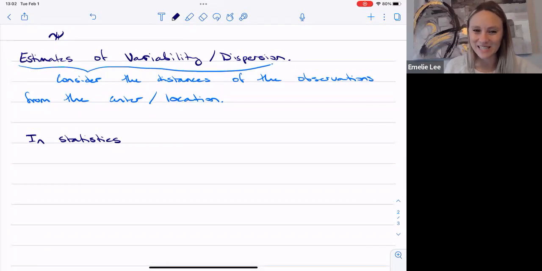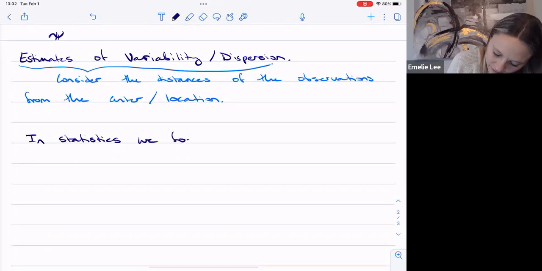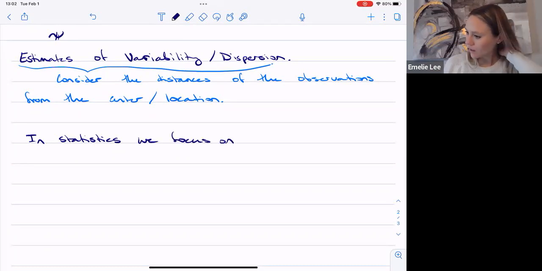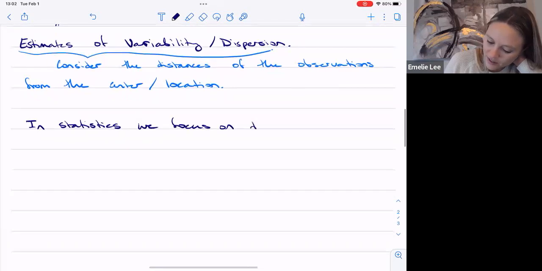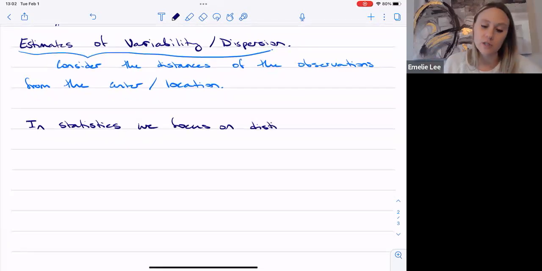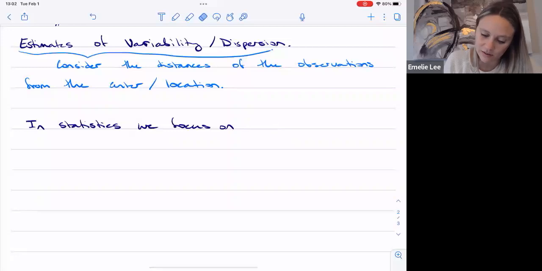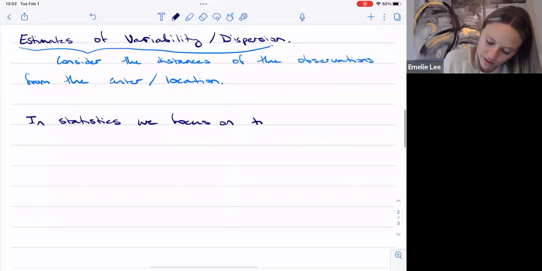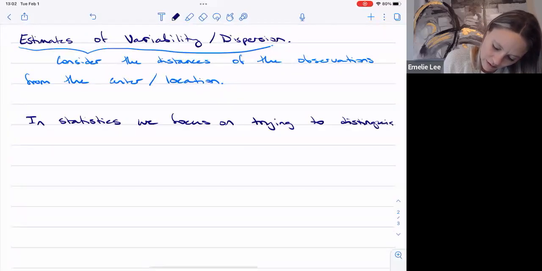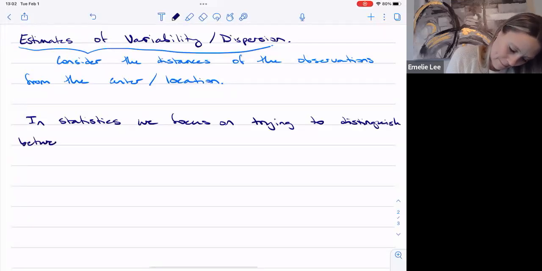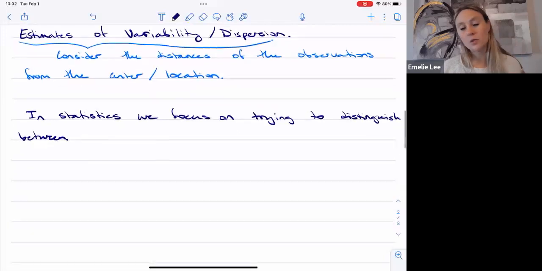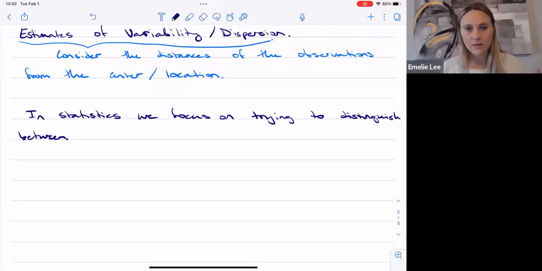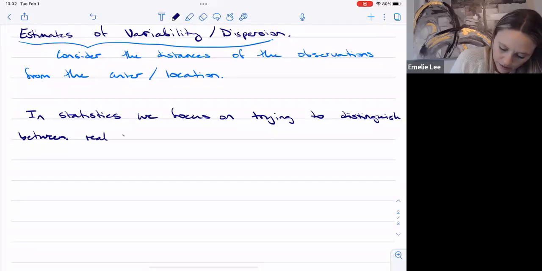So in statistics, we focus on trying to distinguish, because it's quite impossible, between real variability and random variability.